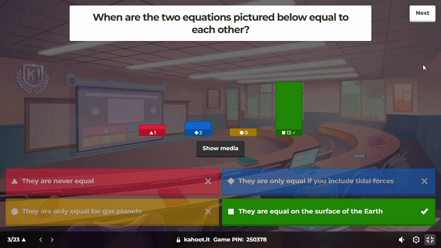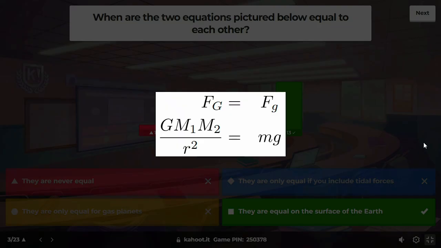Yeah, so these are equal near the surface of the Earth. If you look at the equation, if you set the m1 to be the mass of the Earth and r to be the radius of the Earth, and you plug all those in, then you'll get the mass of whatever object times 9.8 meters per second squared.